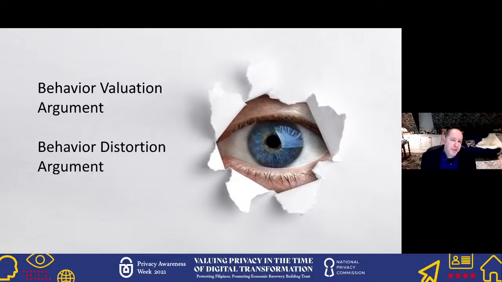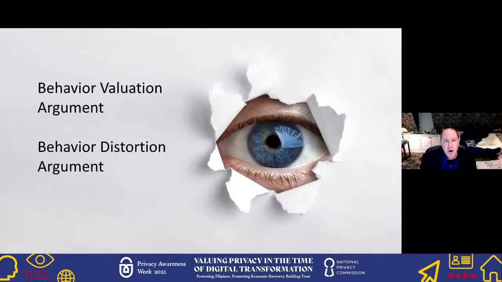Even though there are some very valid points in the behavior distortion argument, I think ultimately there's a different explanation for the privacy paradox. And ultimately, my explanation is this: there is no paradox. I'll repeat that. The privacy paradox is a myth.